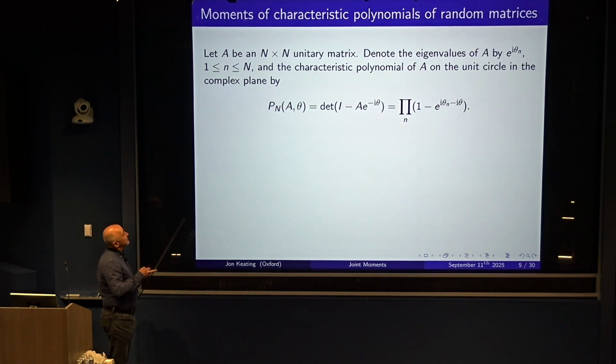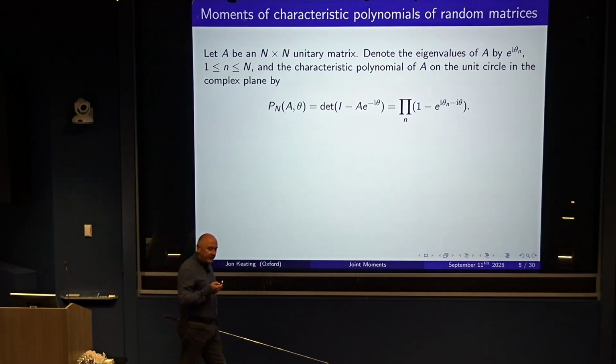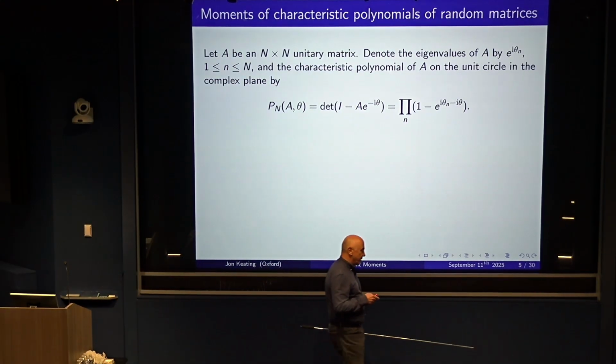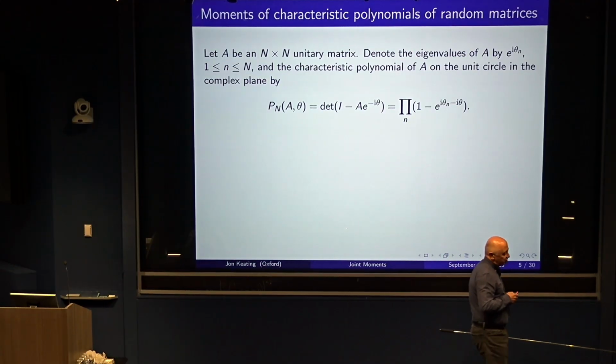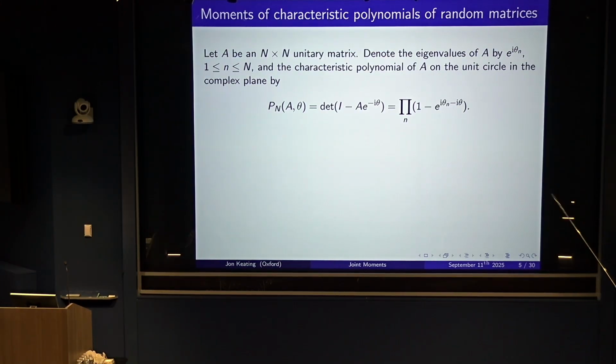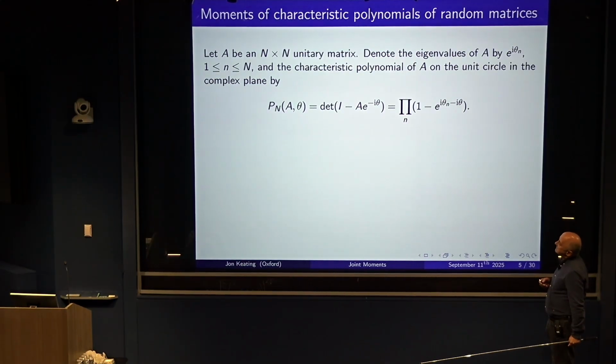The idea is, if we want to understand the moments of the Riemann zeta function, according to Montgomery's philosophy, you might expect the value distribution of the zeta function to be related to that of the characteristic polynomials of random unitary matrices. Let's look at the moments of those characteristic polynomials. Let A be an n by n unitary matrix.